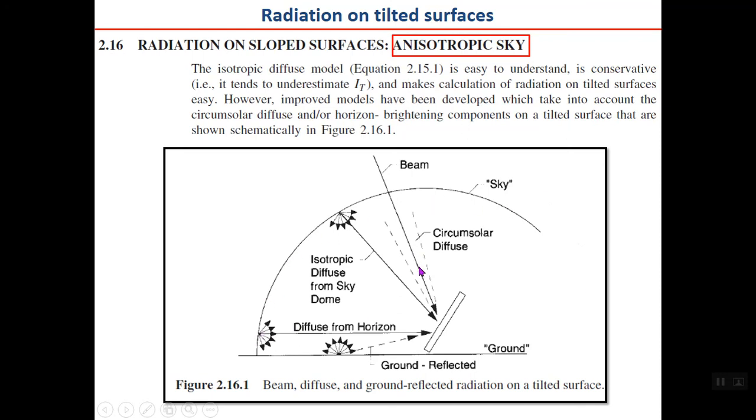For example, if this is the sun beam, then you have more diffuse radiation around the sunbeam, which is named circumsolar diffuse. The diffuse from the horizon is not equal, for example, to the sky diffuse radiation like this. So the distribution of diffuse radiation from here to the line of beam radiation is not the same. This is named anisotropic sky.